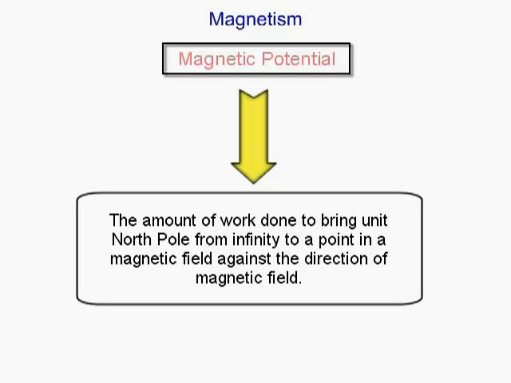This is an imaginary or hypothetical definition because it is not possible to isolate north pole from the south pole. But for understanding purpose, or to have an analogous definition to electric potential, usually the magnetic potential is defined like this.